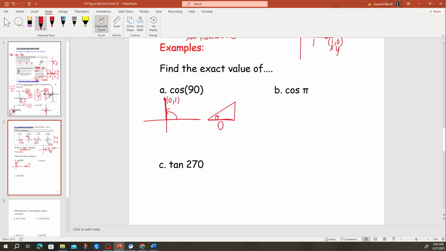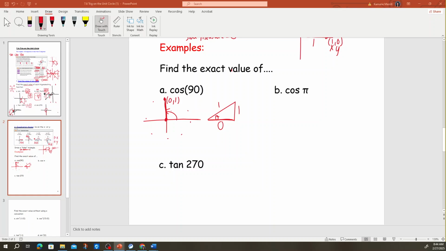Okay? So from my vertex, I consider the x direction 0. I'm still at the vertex, correct? But my y direction is 1, and my radius is always going to match whatever length I have. So if these were 4, it would be 4 and 4, 3 and 3, okay? So my radius will be a 1. And because this is the radius of my unit circle, that's why your radius will match that. Now I can do SOHCAHTOA.